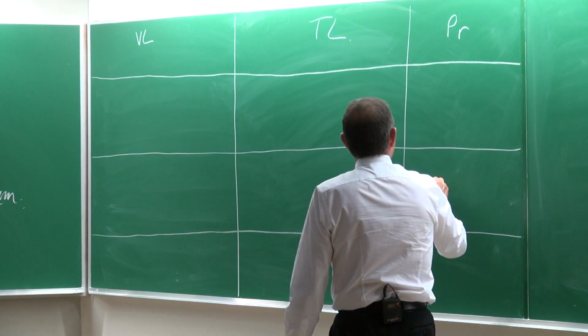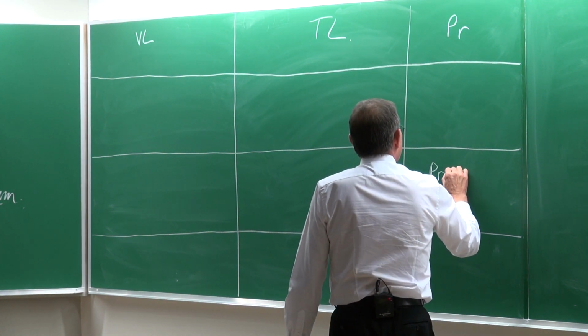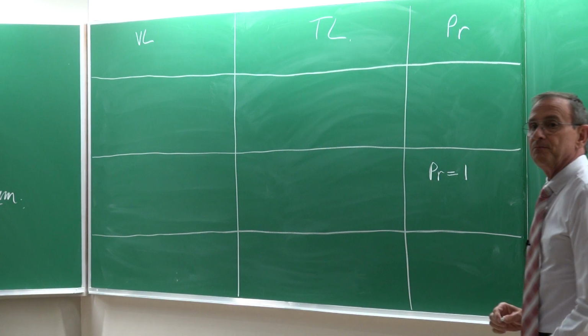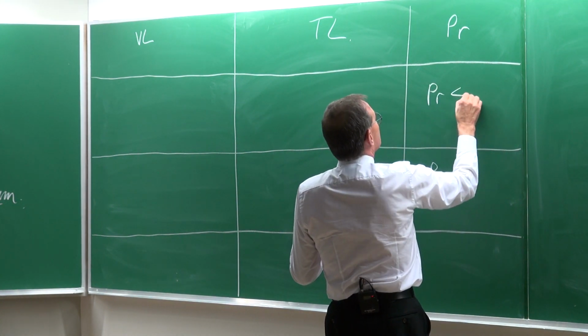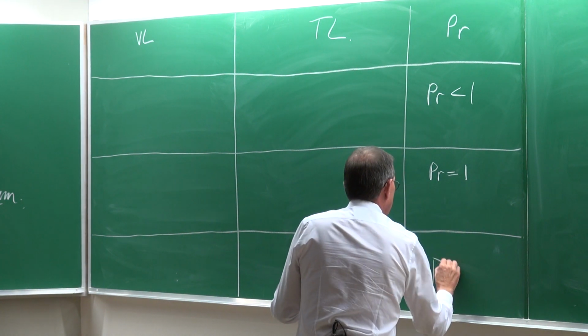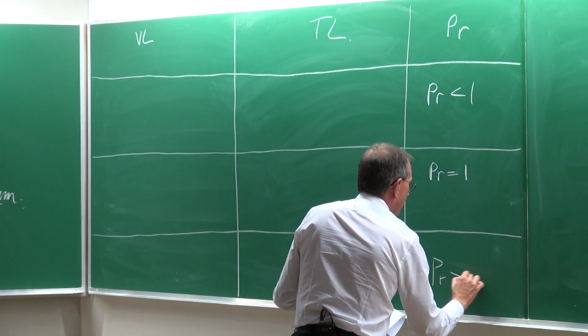The first case will be the Prandtl number equal to 1, then a Prandtl number smaller than 1 and a Prandtl number larger than 1.